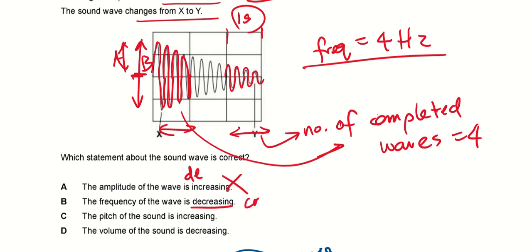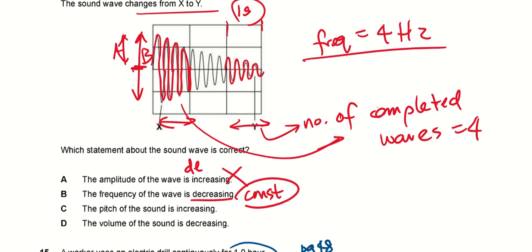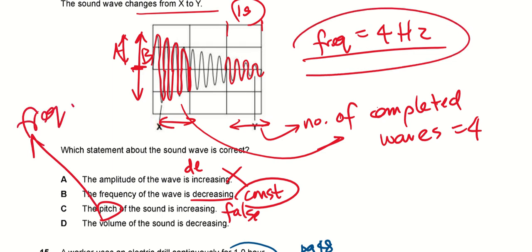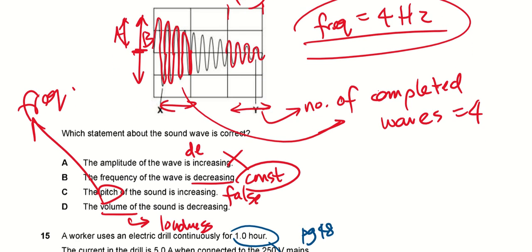It is constant, same. So the pitch is increasing is false, because pitch is linked to frequency. And if there's no change in frequency, therefore the pitch should be constant. How about the volume? Volume is linked to loudness. So therefore D is the correct answer.